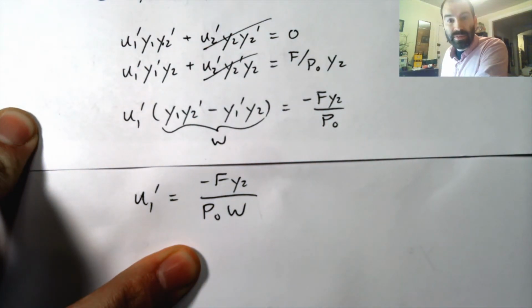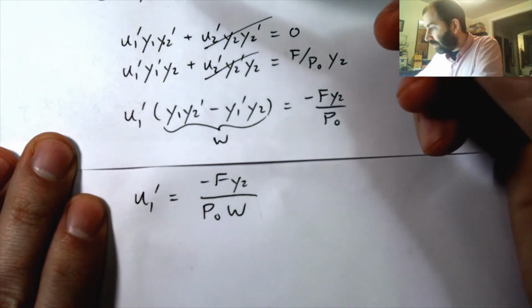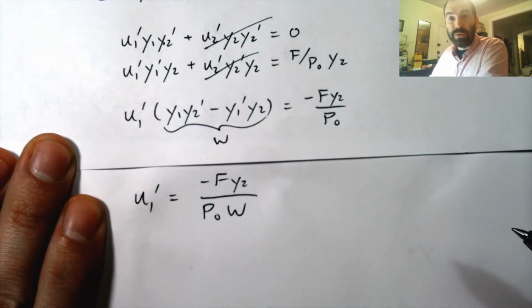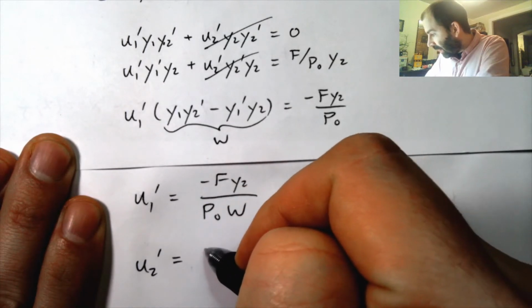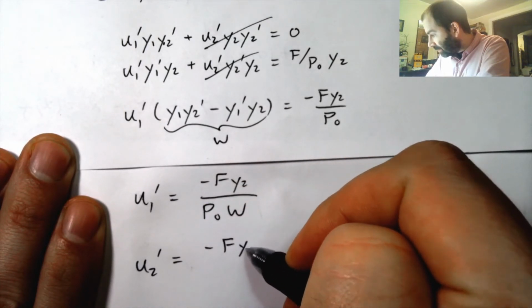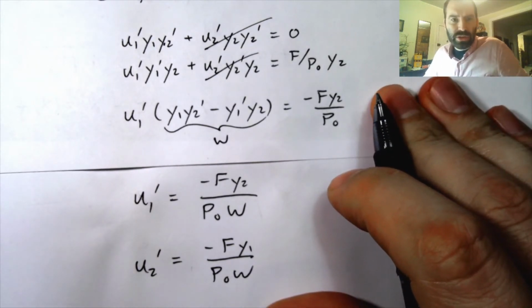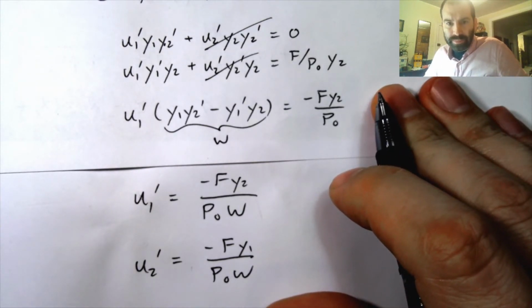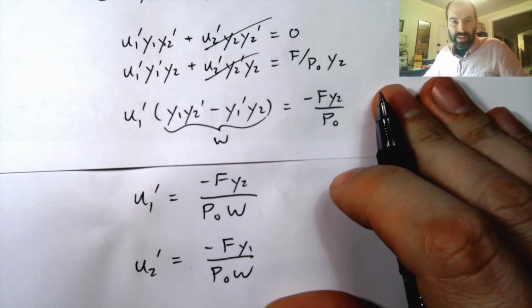this. Okay? In the same way, you can do the same thing that we did for u1, you can do it for u2. All right? So I'll leave that as an exercise for you, and you can check this. Let me check it just to be sure. Yeah, it looks just like this.